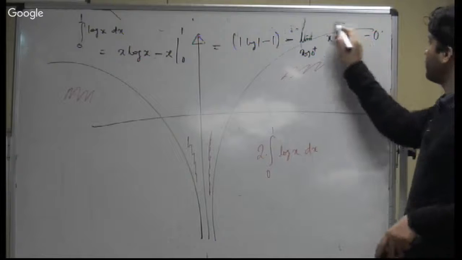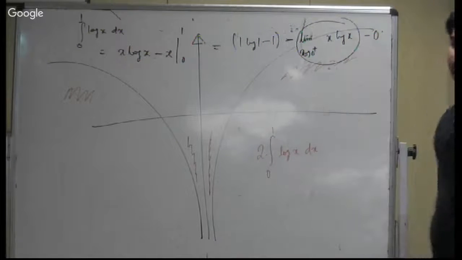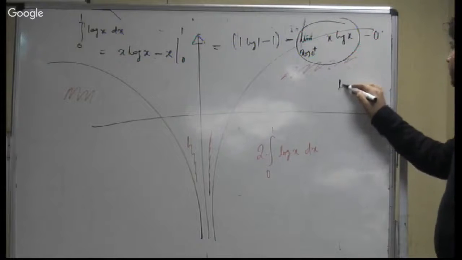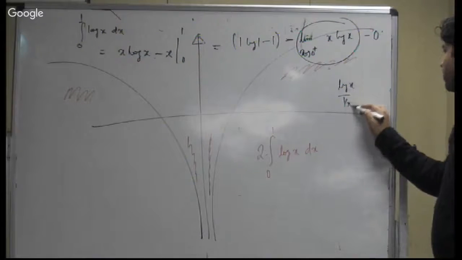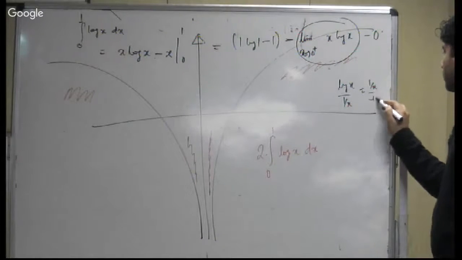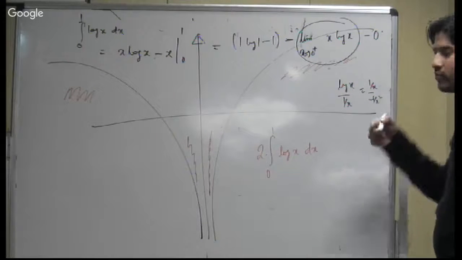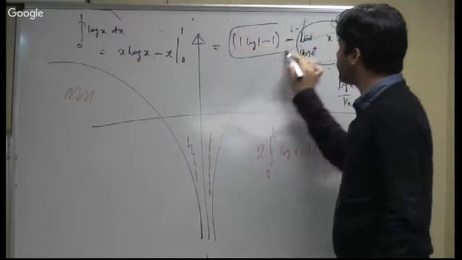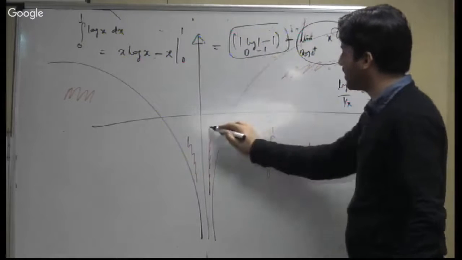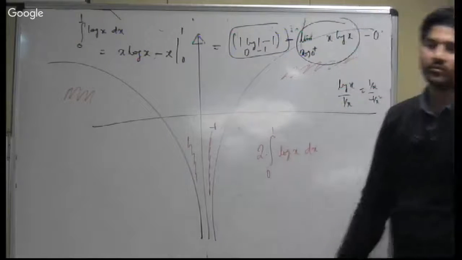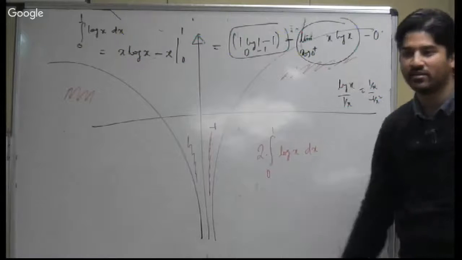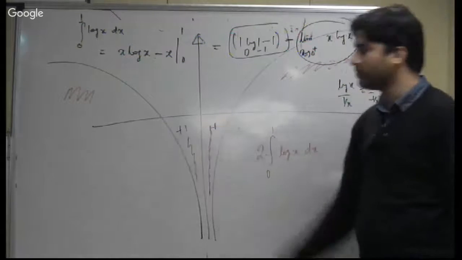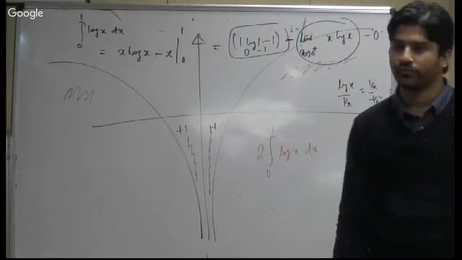And what was the limit of this? L'Hopital. This is infinity, this is 0, so I'm going to make it infinity by infinity. Differentiate it. So it will be minus 1 by x, something like 0. So it will turn out to be minus 1. This is 0 and this is minus 1. So the area turns out to be minus 1. This is just a signed area. So plus 1 and plus 1, plus 2, right?